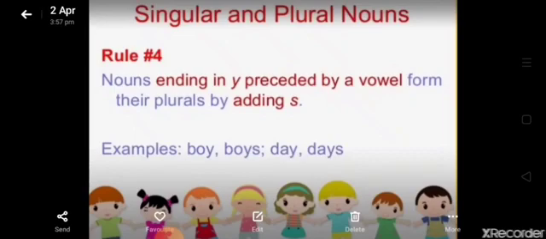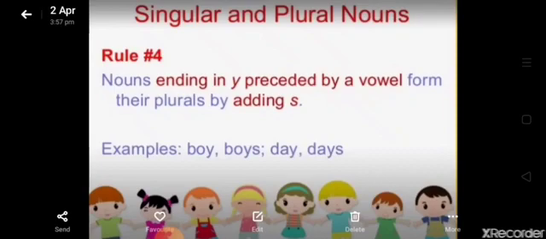In a simple way, we can understand: whenever the noun ends with y, but before y there is a vowel, we have to change it into the plural by adding s. Example: boy, B-O-Y. Before y, we have o. O is a vowel. So, we are going to put s in the plural form.